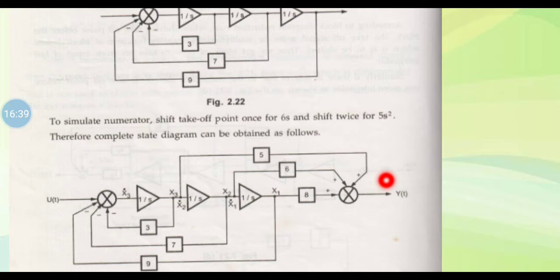So we have to combine both the diagrams. Is it clear? Both the diagrams have been combined. You can see x3 is joined, so it is s square plus 6s plus 8, this 8x1.